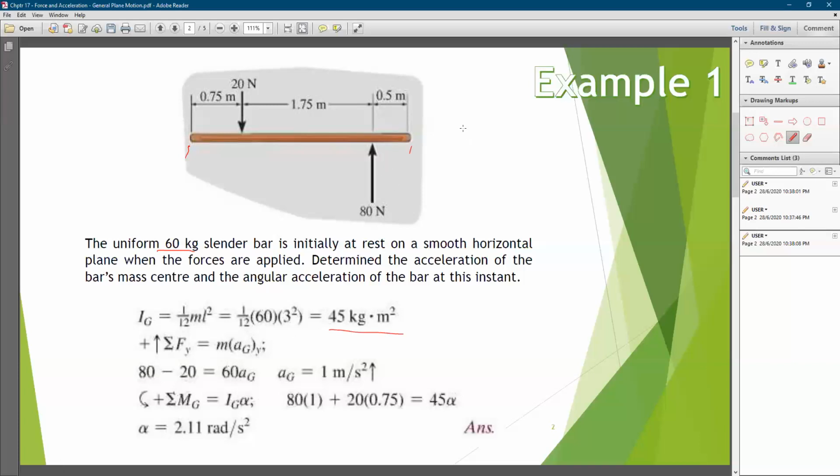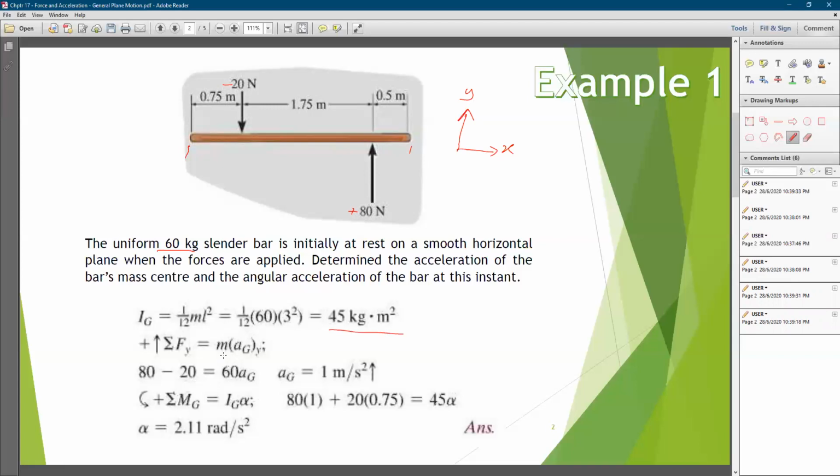Okay, let's say this is our coordinate system, y and x. Of course, we don't have any forces involved in the x direction. We're only interested in the y, and going up is our positive direction. Here we have a positive, and here we have a negative, because going down we put it as negative.